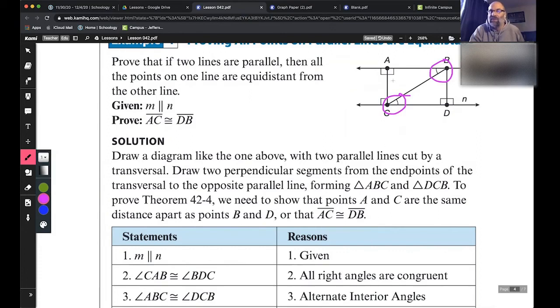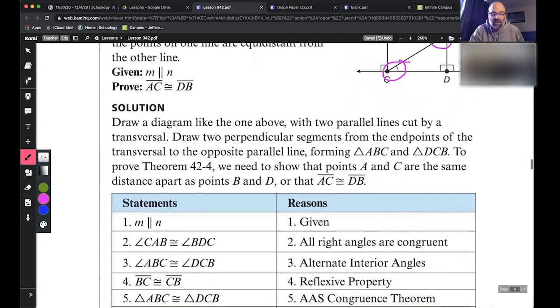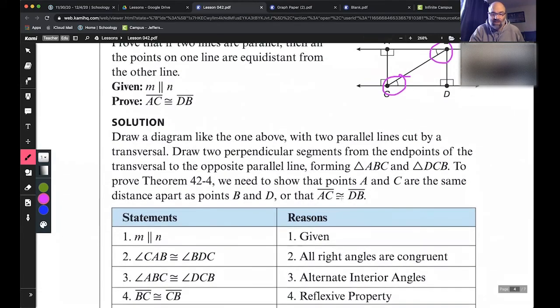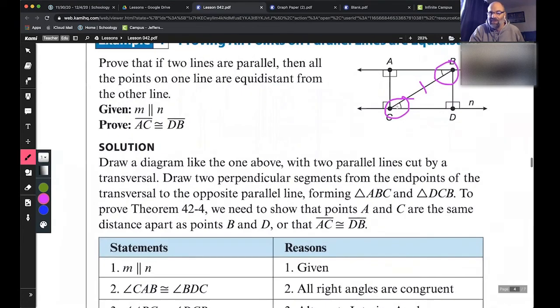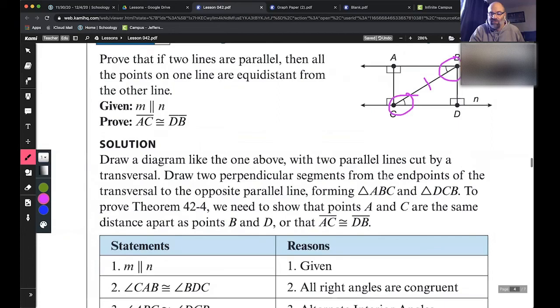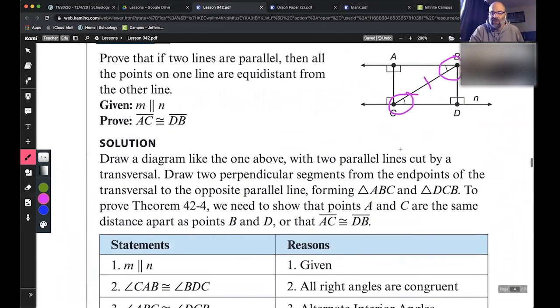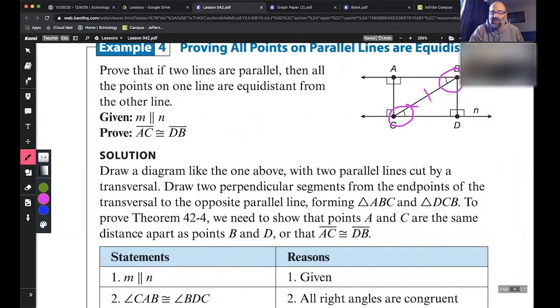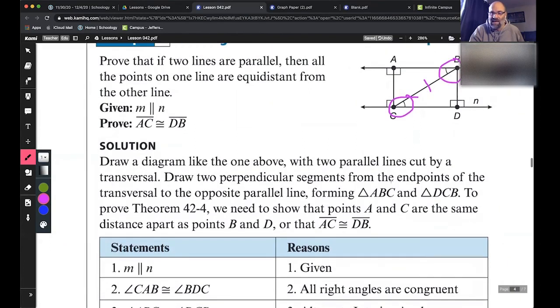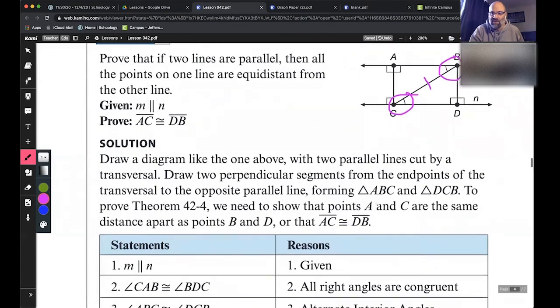Now we have two angles that are congruent. And then BC is congruent to itself. Why? Because of the reflexive property. That's what he sees in the mirror, is himself. So now we've got AAS, so we can use that to prove that these two triangles are congruent.